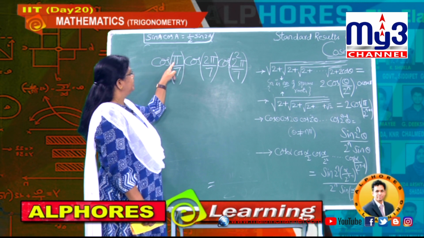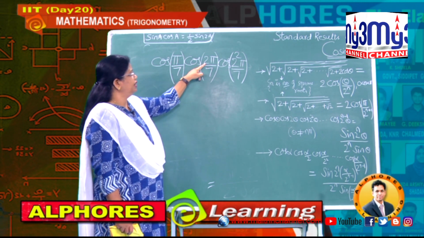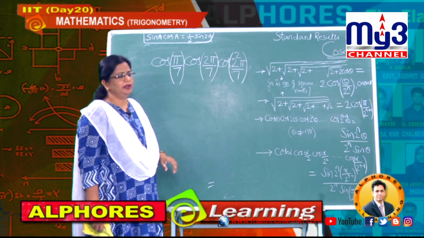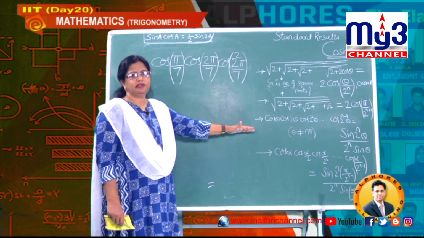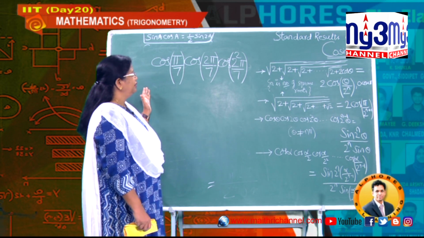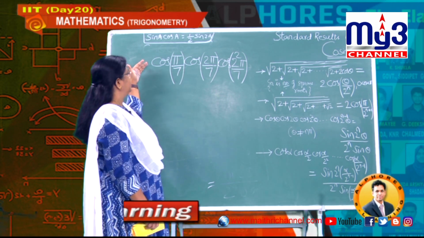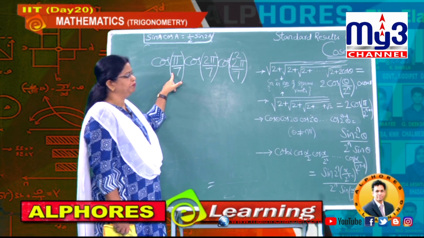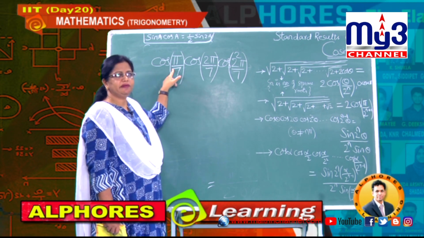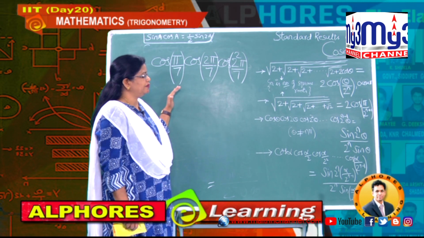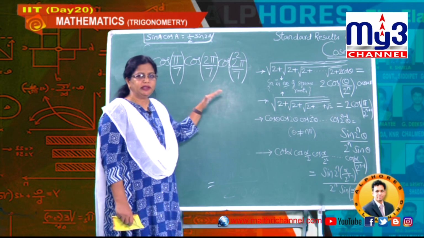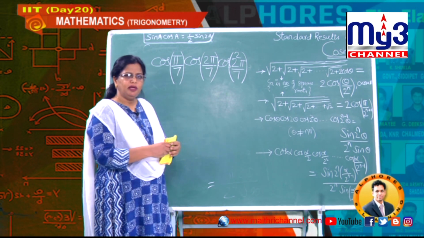Now students, this is cos theta, cos 2 theta, cos 2 square theta you got, right? Now you can make use of simply this formula. Again no need of starting the procedure, that is multiply and divide by the least angle, here pi by 7, so 1 by 2 sine pi by 7, etc. No need, just observe the standard result, compare whether all suitable conditions exist, then you can proceed.